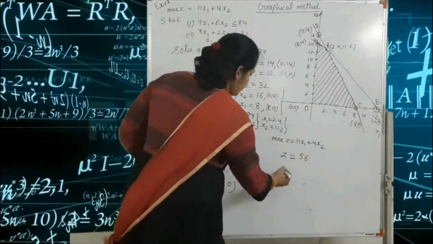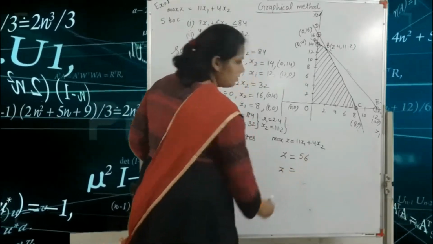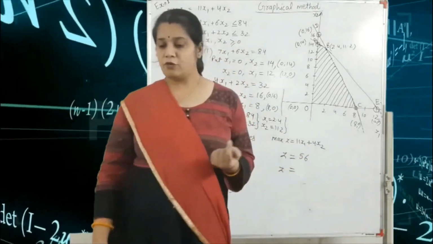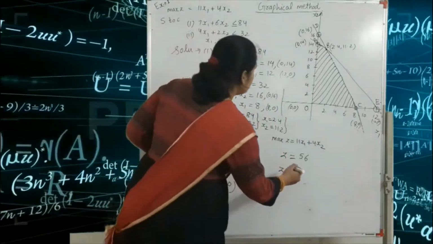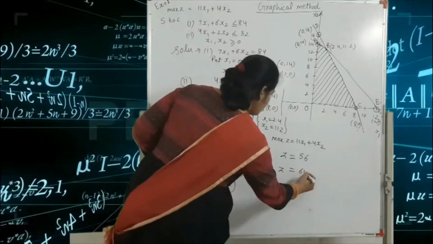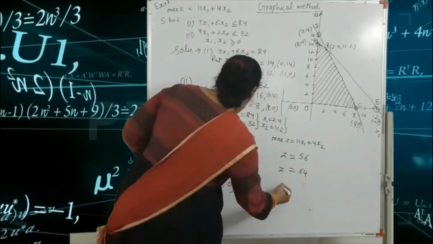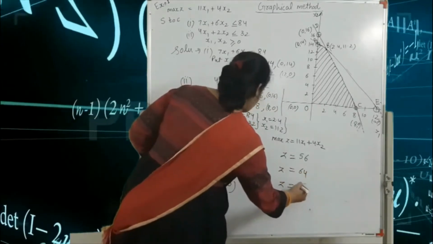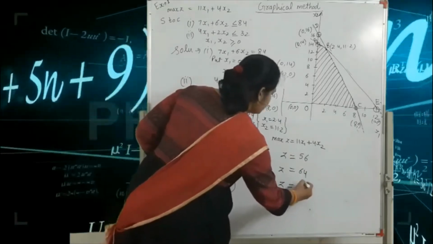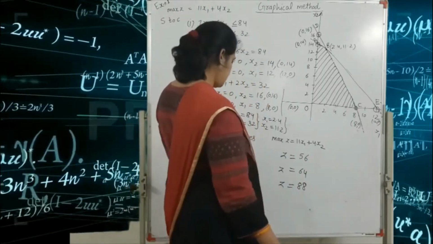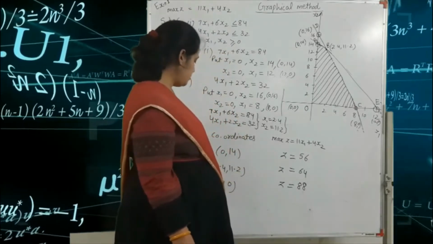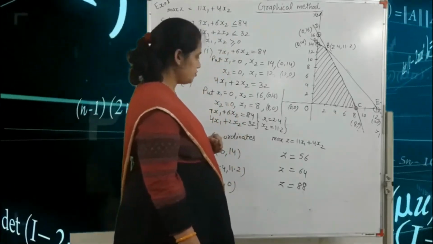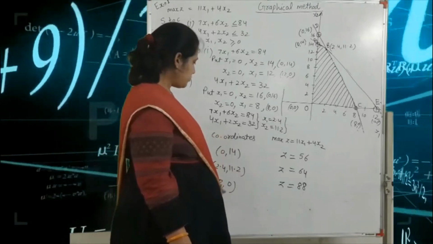For 2.4 and 11.2, z is equal to 71.2, and for 8, 0, z is equal to 88. So here your values are 0, 14, 2.4, 11.2 and 8, 0.